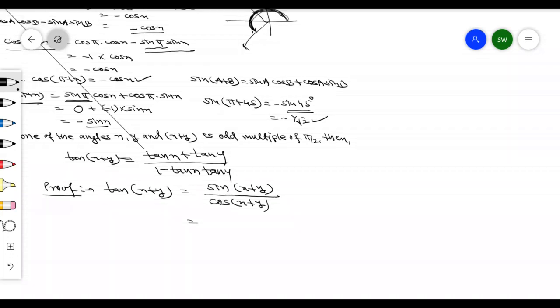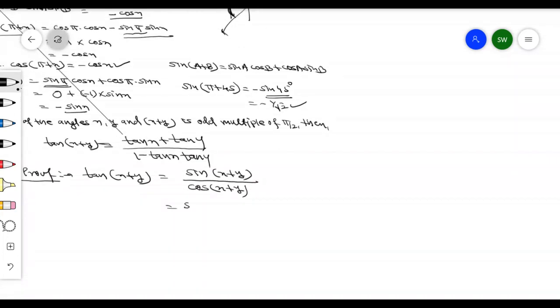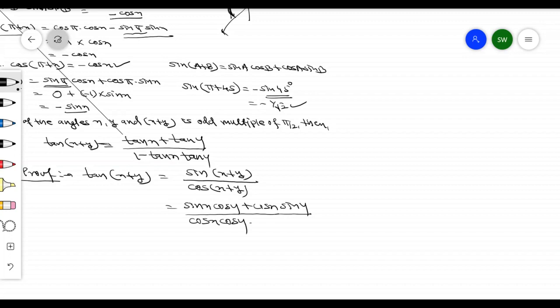Now use the formula: sin(x plus y) is sin x into cos y plus cos x into sin y, divided by cos(x plus y), which is cos x into cos y minus sin x into sin y.